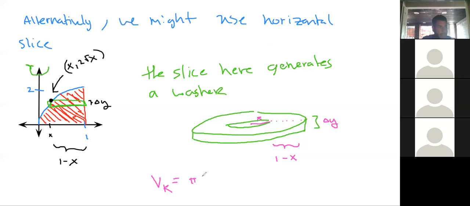So this would be pi times 1 squared minus the inner guy, which we're taking out, which is pi times x squared. That is the area of the top, and then it's times delta y. So if you simplify this, this becomes pi times (1 minus x squared) delta y.